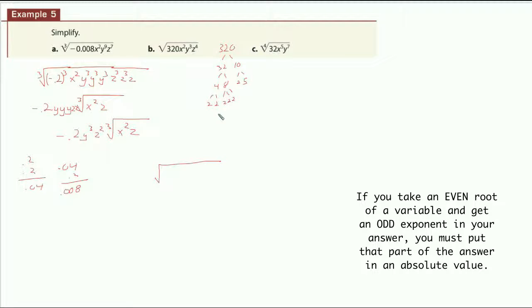We're looking at the square root of 2 to the 6th, times 5, and then we have x squared. For y, this is a square root since nothing's written. So we have a y squared, and then we have one y left over, and then z squared, and another z squared. The 2 to the 6th, maybe I should have written as 2 squared times 2 squared times 2 squared.